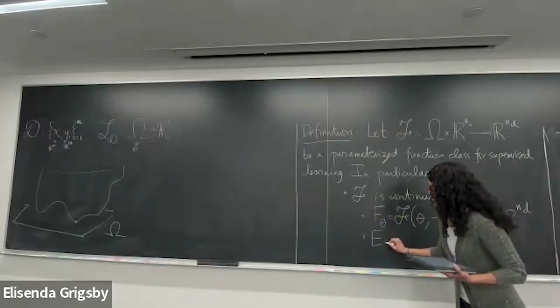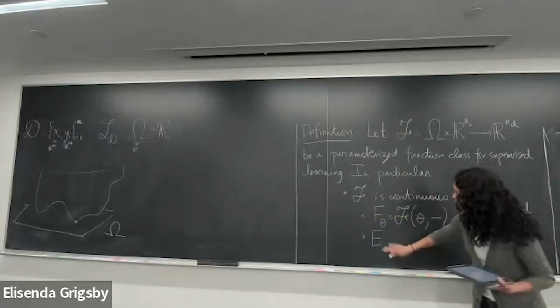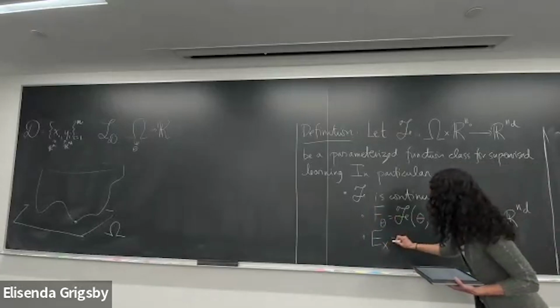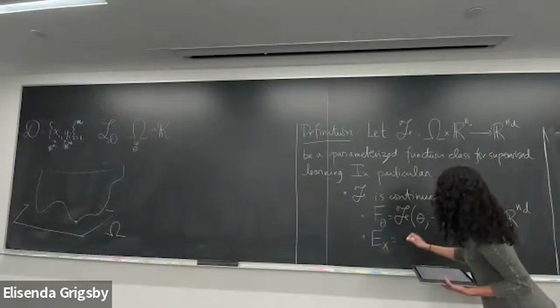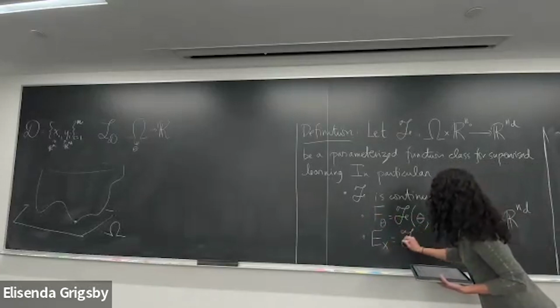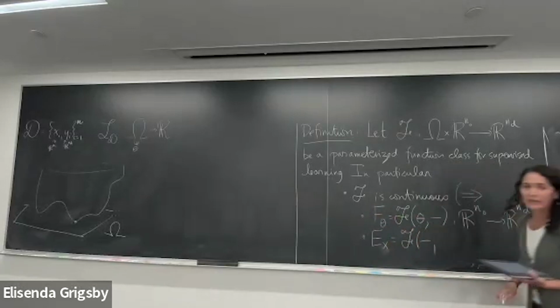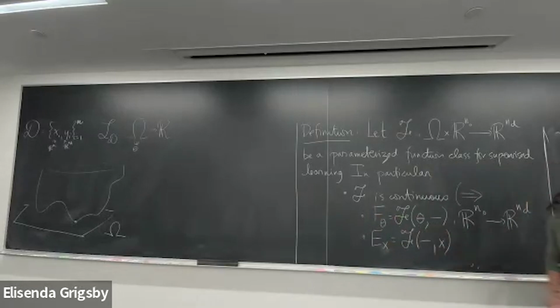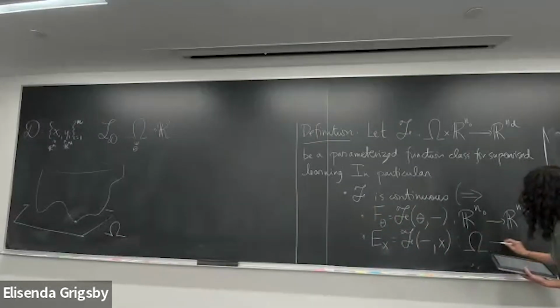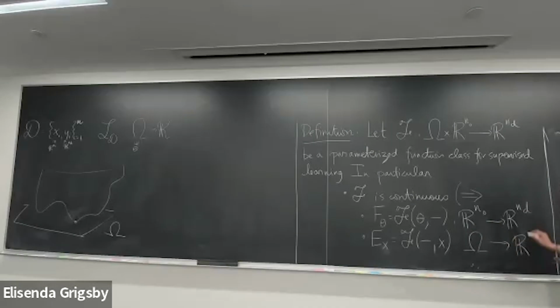And the evaluation map that you get when you plug in, let's call it E_x, leave the parameter open and put in an input, that's a function from parameter space to the output space, is also continuous.